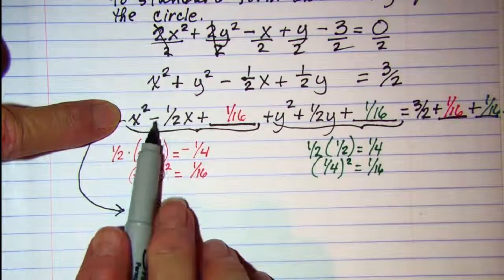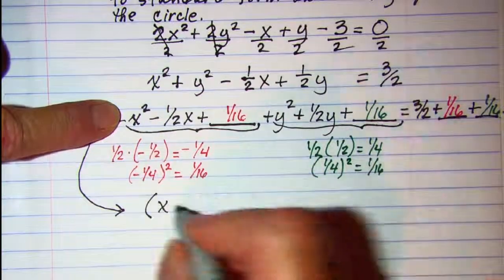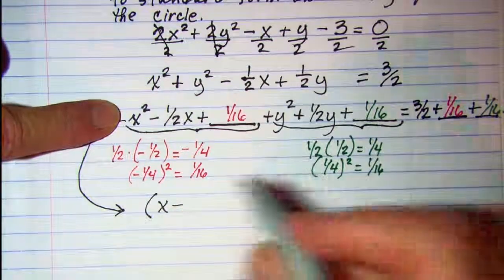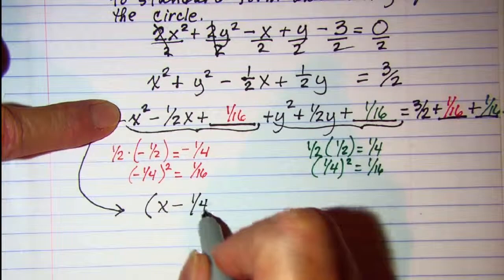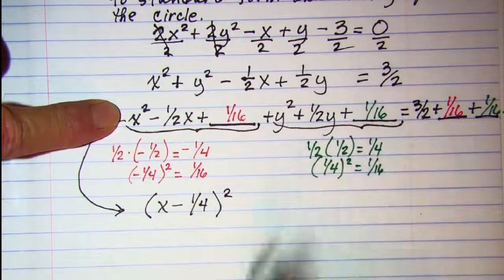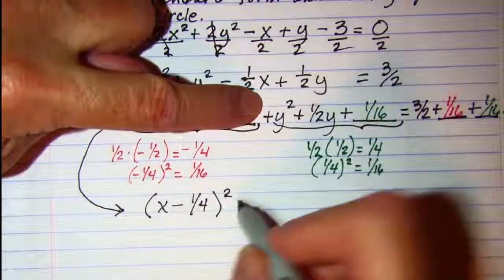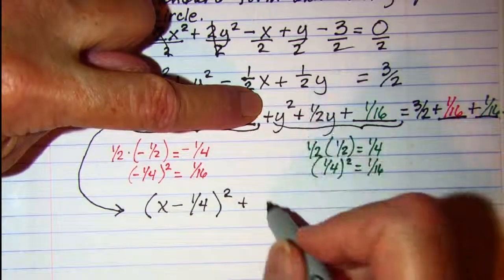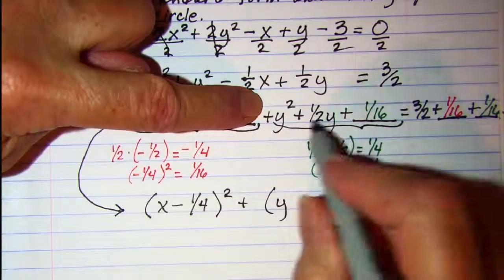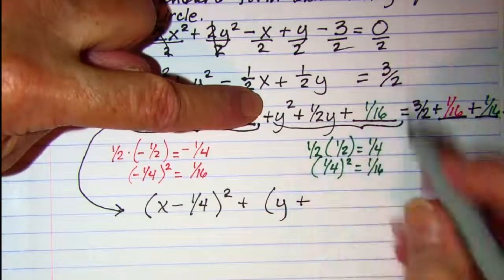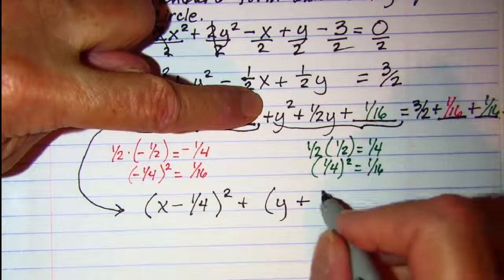I need the sign on this middle term, so minus. And then the square root of 1/16 is 1/4. Then for my y, I'm going to have y. The sign on the middle is plus, and the square root of 1/16 is 1/4.